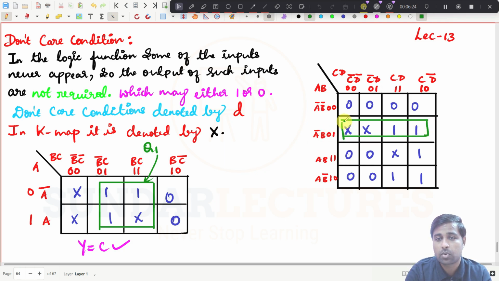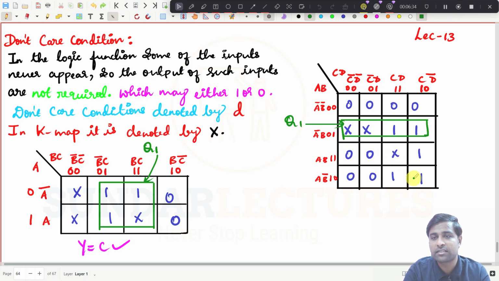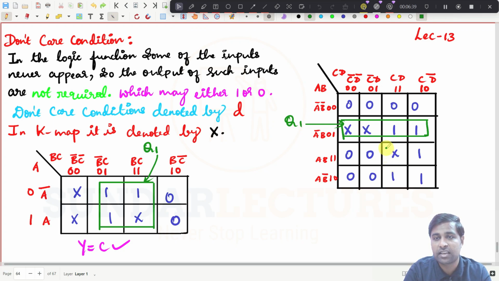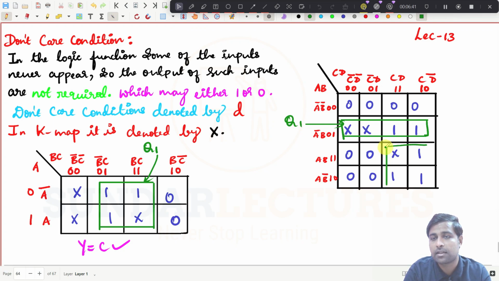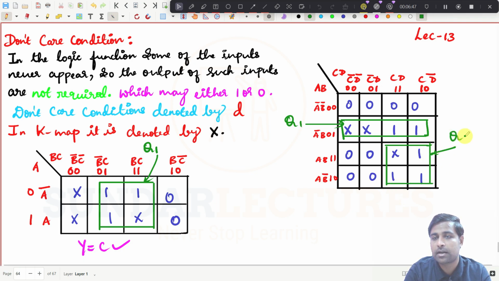Quad number 1. I have considered this x to be 1. So this is 1, right? So what I can do now, I can consider this as a quad, right? So I need to consider these three ones now. So I am just taking this 4 as a quad, right? So this is quad number 2.